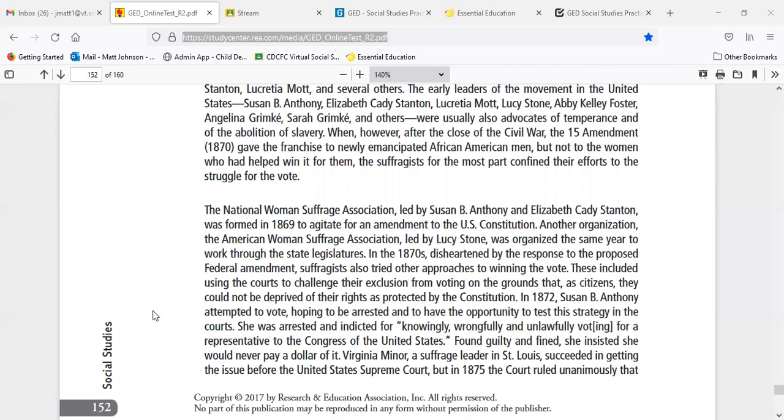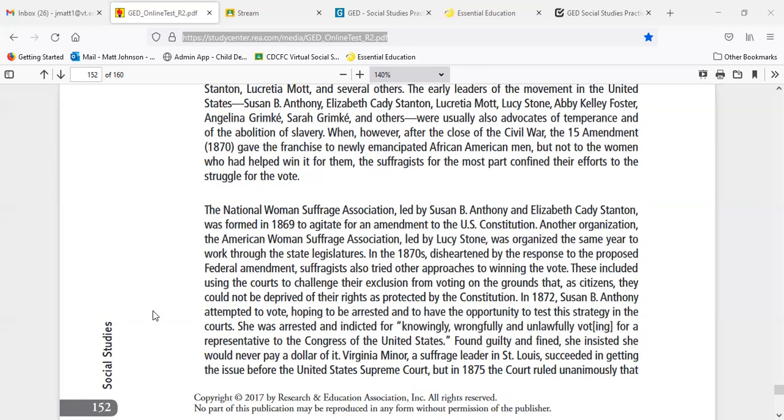In the 1870s, disheartened by the response to the proposed federal amendment, suffragists also tried other approaches to winning the vote. These included using the courts to challenge the exclusion from voting on the grounds that, as citizens, they could not be deprived of their rights as protected by the Constitution.